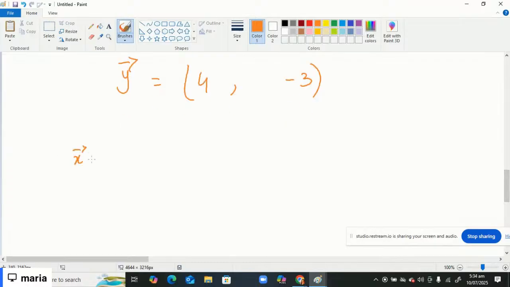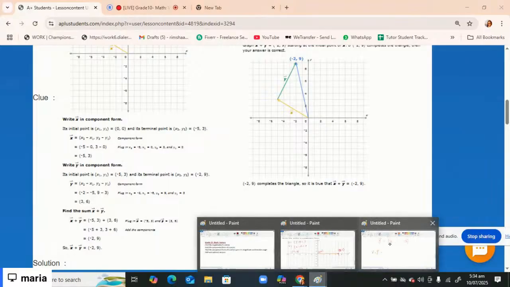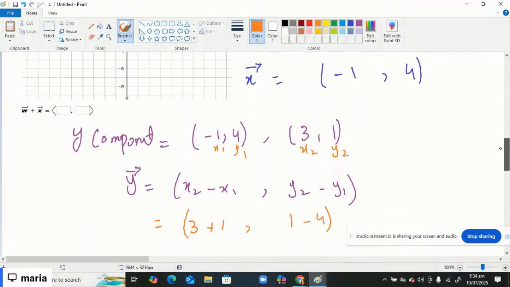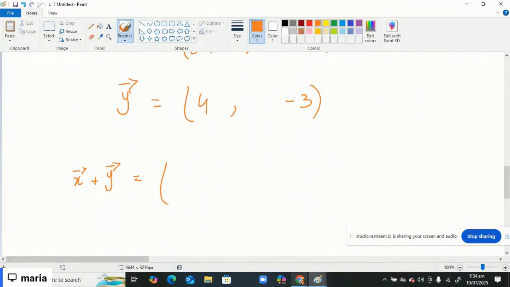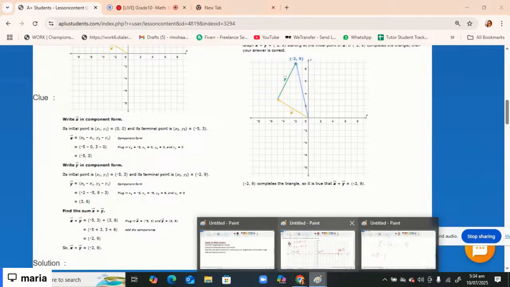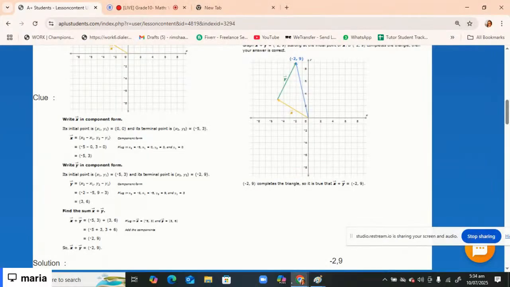Now just add the x component plus the y component. How can we add? Add it this way: the x values are added first, minus 1 and 4, and also adding up all the numbers.